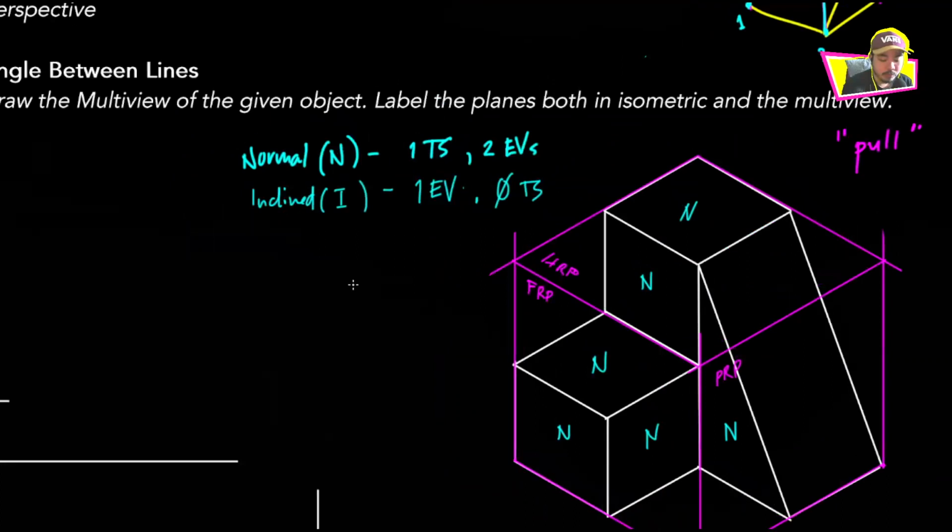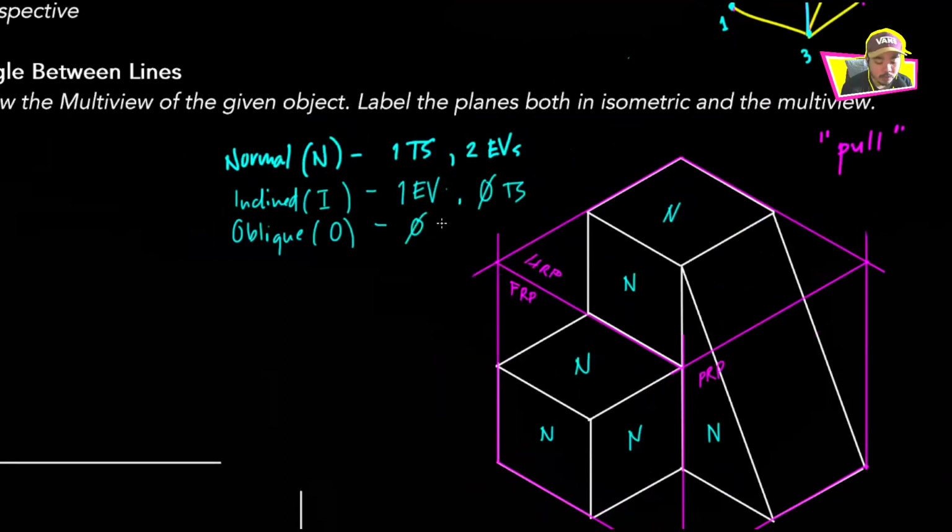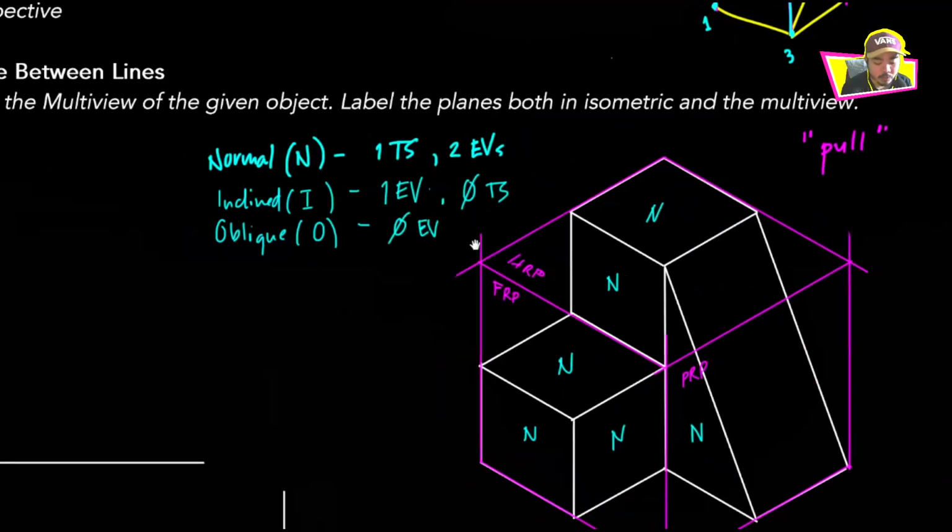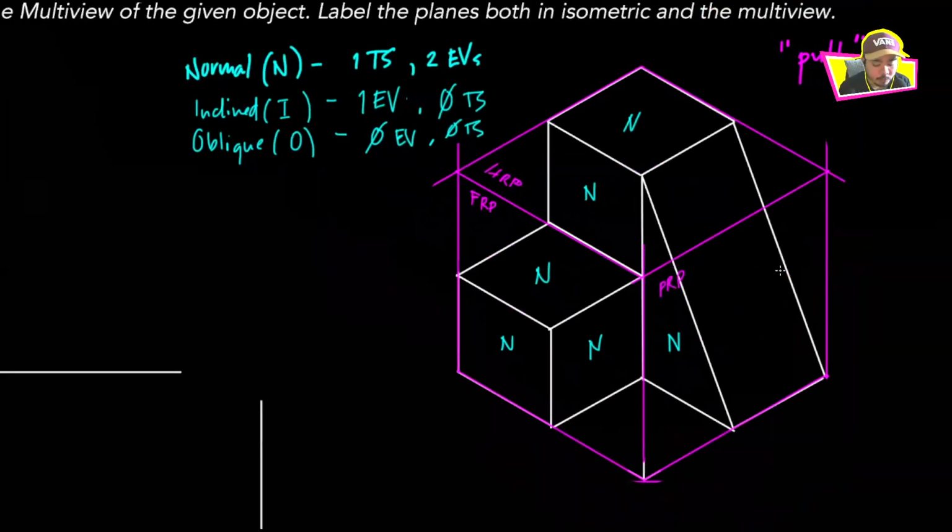The third plane is what we call the oblique planes. Let's just say O. Obliques have zero edge views and also no true size. So with oblique, it will always appear as a plane, regardless of the view that you are looking at. Whether it's HRP, PRP, or FRP, it will always look like a plane.